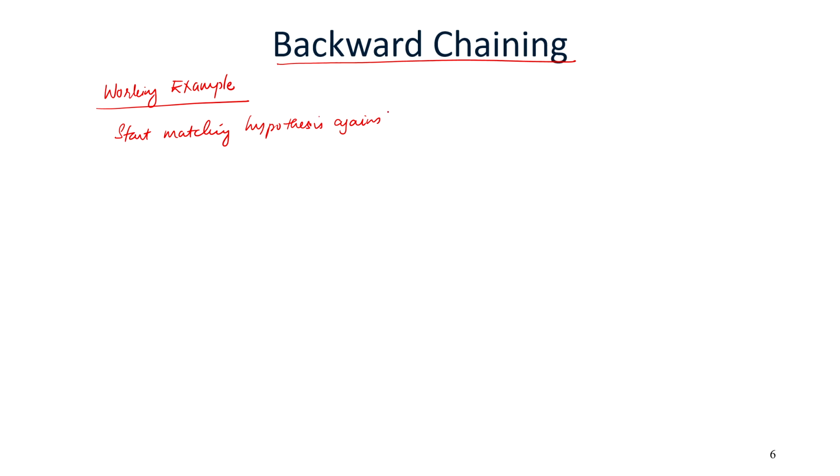So let us do a working example. The thing is to start matching the hypothesis against, first, existing assertions, and second, rule consequences.